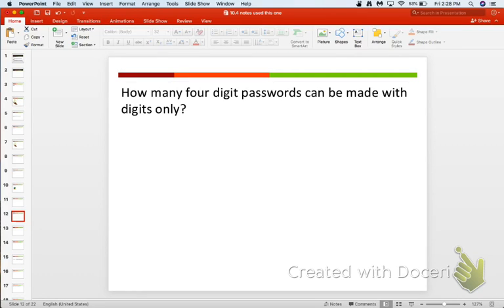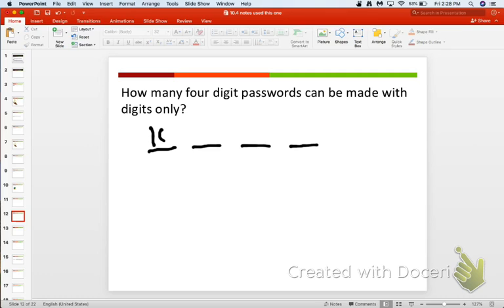We have 4 digits, 1, 2, 3, 4. And then if we think about the numbers 0, 1, 2, 3, 4, 5, 6, 7, 8, 9, we have 10 possible outcomes.